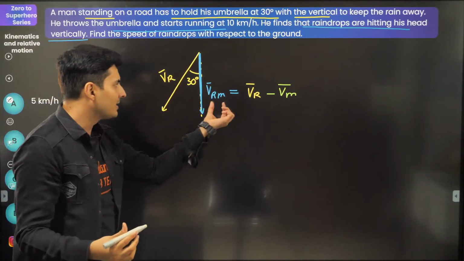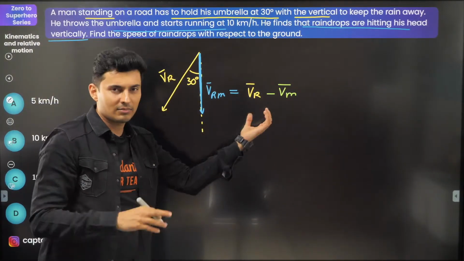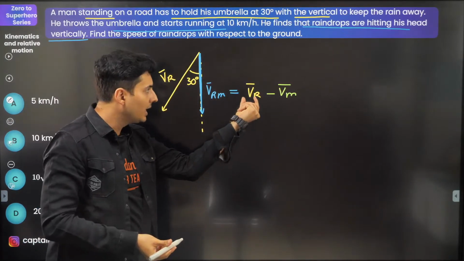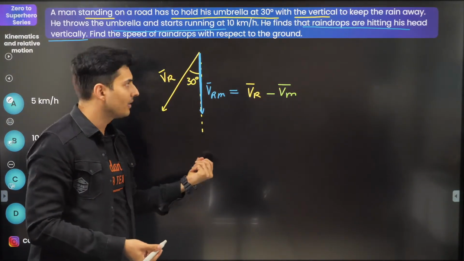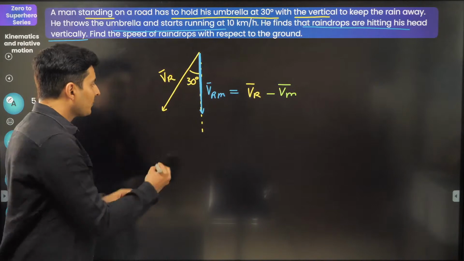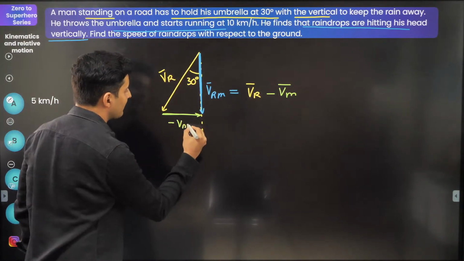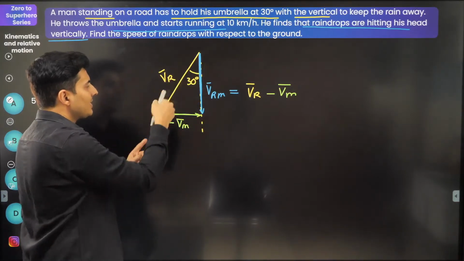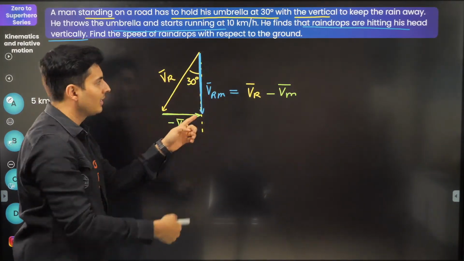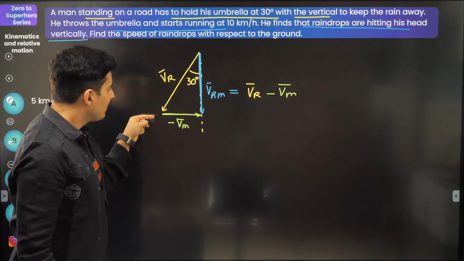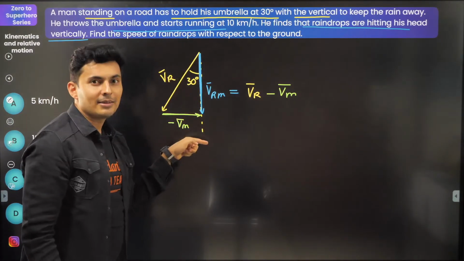If you notice, it is a vector addition of two things. Subtraction is addition at the end of the day. VR vector is here. If I add one more vector, minus VM, then A bar plus B bar is C bar. VR plus minus VM is VRM.